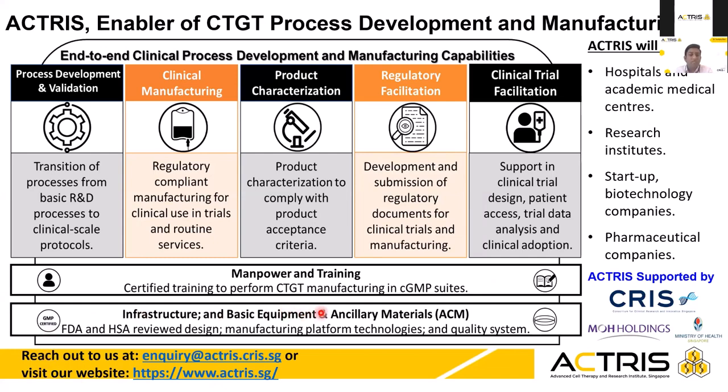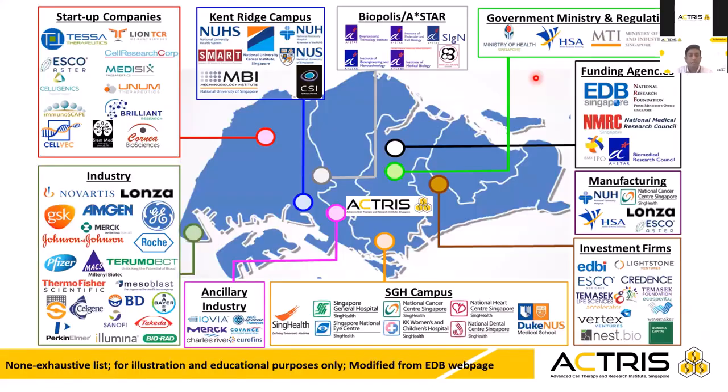Our infrastructure design has been reviewed by FDA and HSA, and we are bringing together various capabilities, studying other similar centers in the US and Europe, to ensure that we can provide end-to-end clinical process development and manufacturing capabilities to expedite the development of cell, tissue and gene therapy products over the next 5 to 10 years.